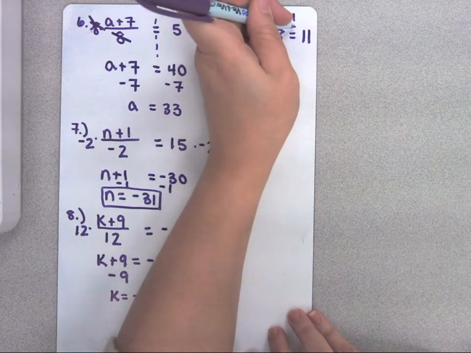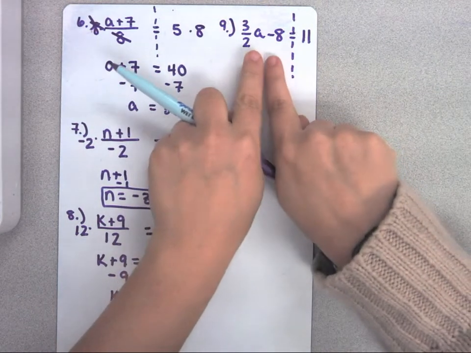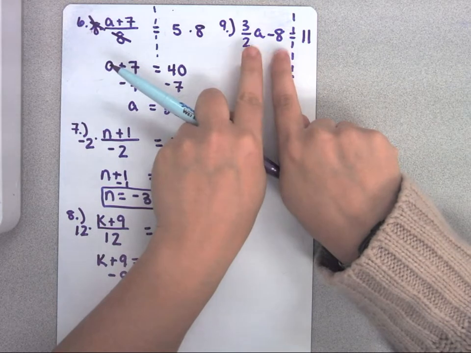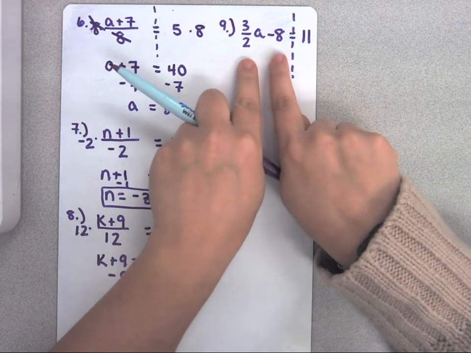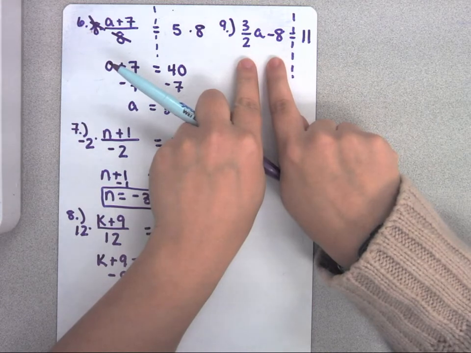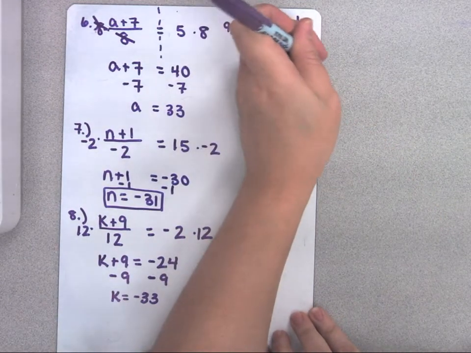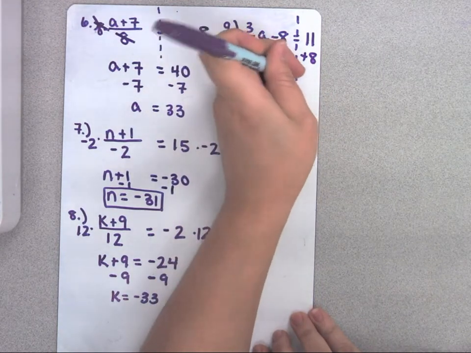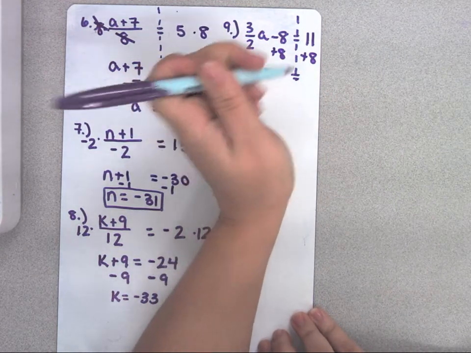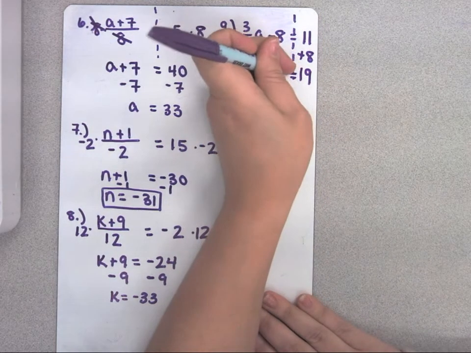So again, this is kind of just like what we did in the beginning. Look at the side with the variable. Which number is farthest away from the variable, the 8 or the fraction? The 8. So how do I get rid of that 8? Yep, add 8. So now I still have 3/2 times A equals, what's 11 plus 8? 19.